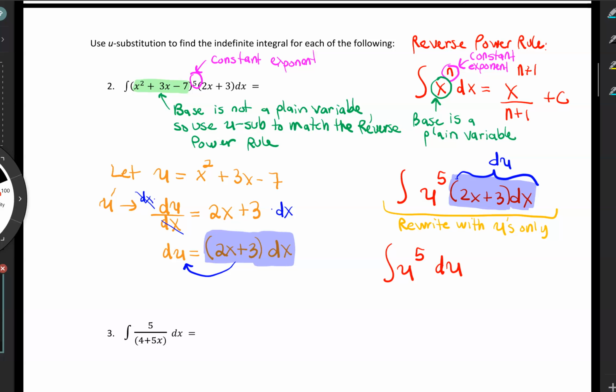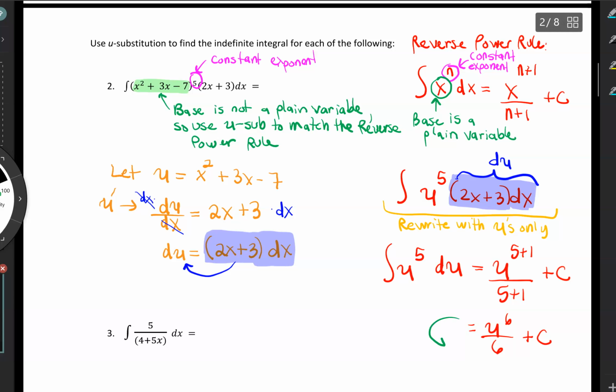So now you just follow the reverse power rule. So let's go ahead and do that. My reverse power rule says I would have u to the 5 plus 1 exponent over 5 plus 1, plus a constant. Okay, so that would give me u to the 6th over 6 plus a constant. And then don't forget that last step.